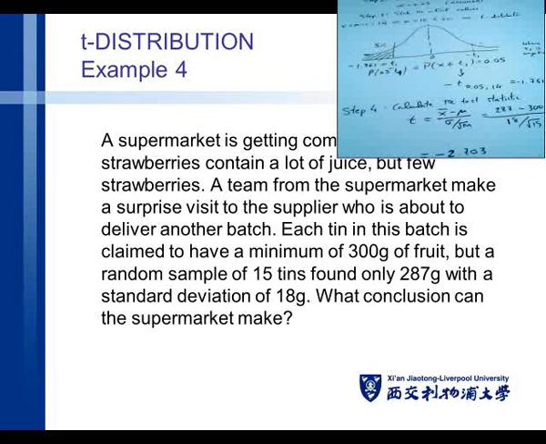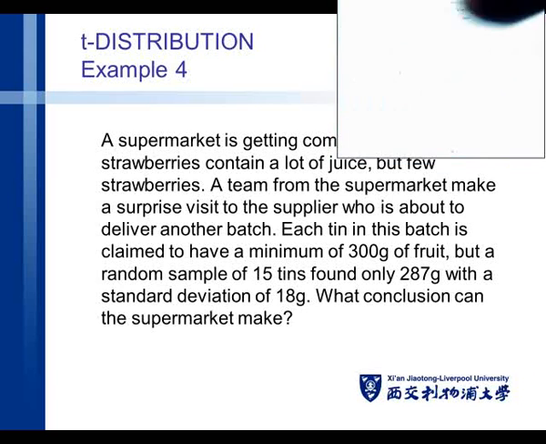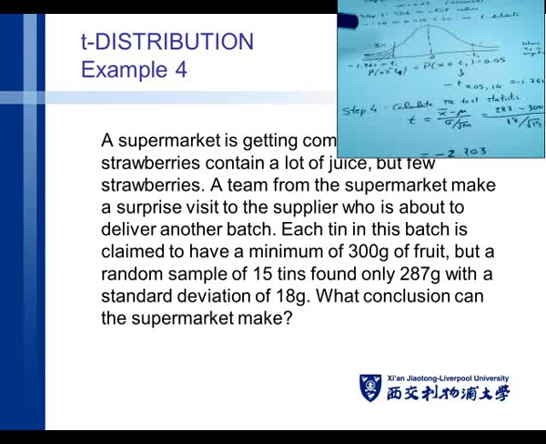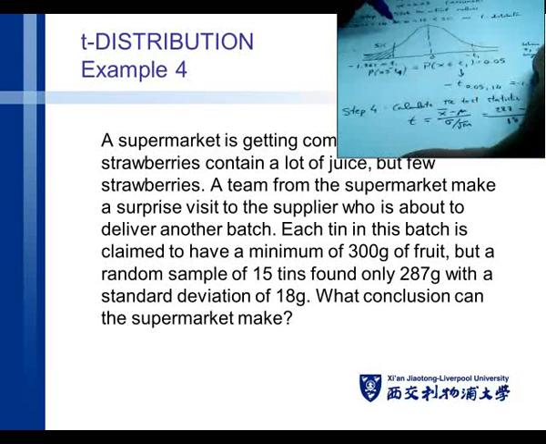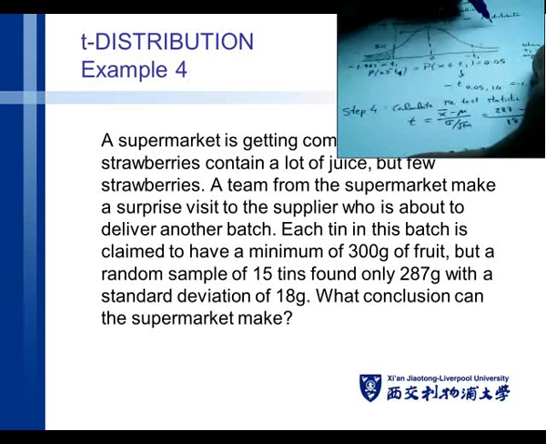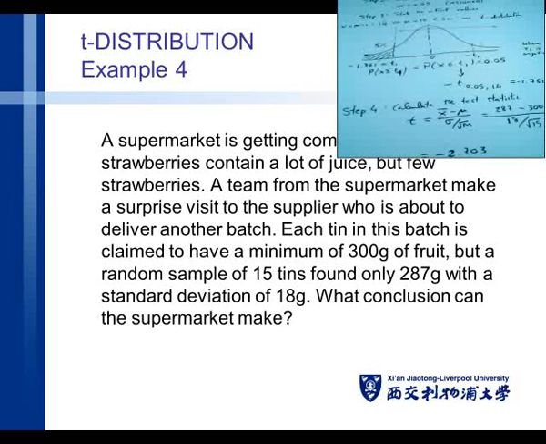So, step 5 is compare your test statistic to the critical values. Right? So you have here the distribution, what we're looking for. What happens if it is to the right of minus 1.761? What do you do?